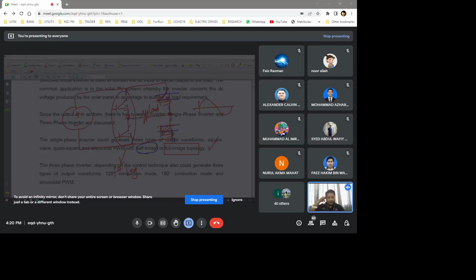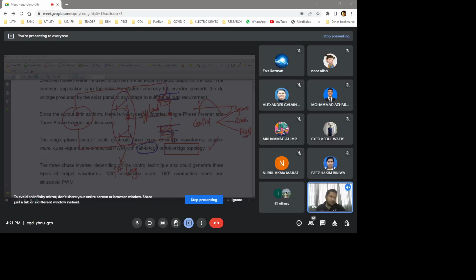Half bridge or full bridge, and the techniques will be different. The technique to control the switching, we call it control signals or control technique, will be classified into three categories. The method to control the switching can be, the first one, a square waveform, then a quasi-square waveform, and finally the PWM, pulse width modulation technique.